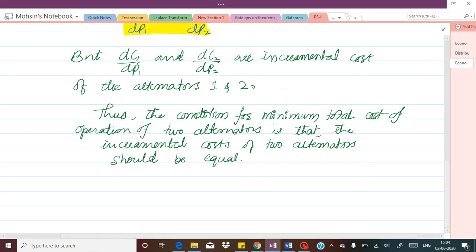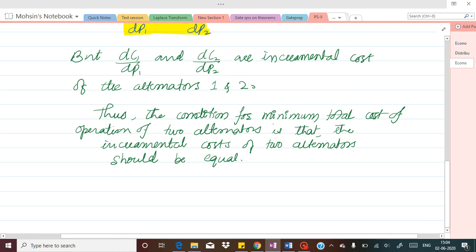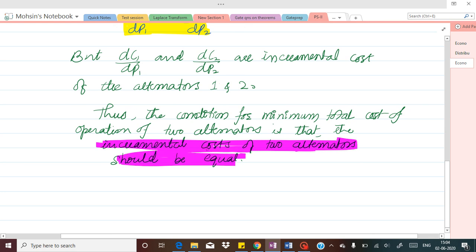This is the condition for economic operation of a plant when it has two units to share the load, that their incremental costs should be equal to each other.